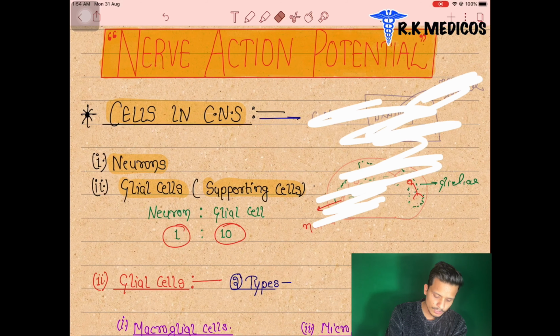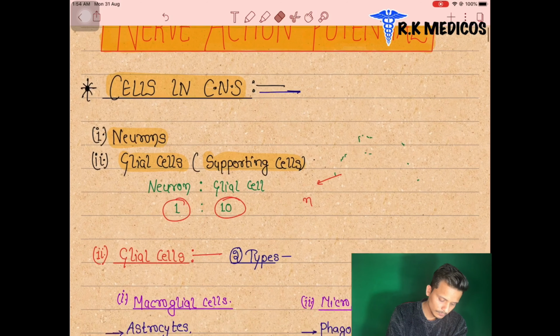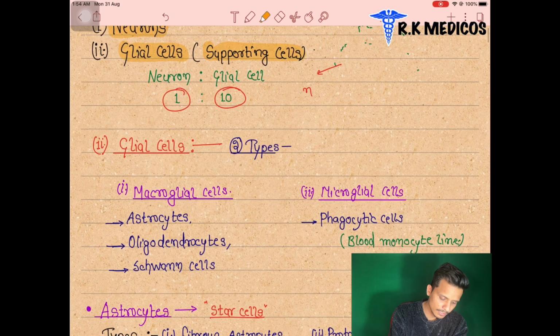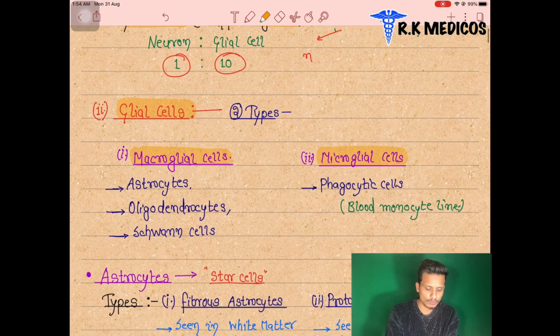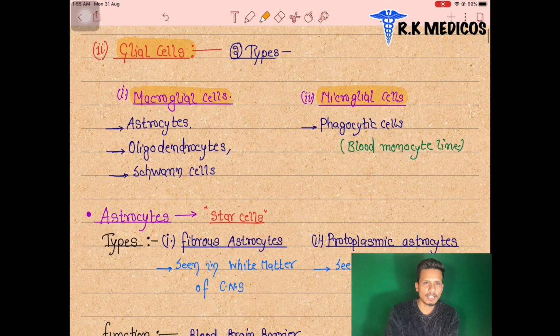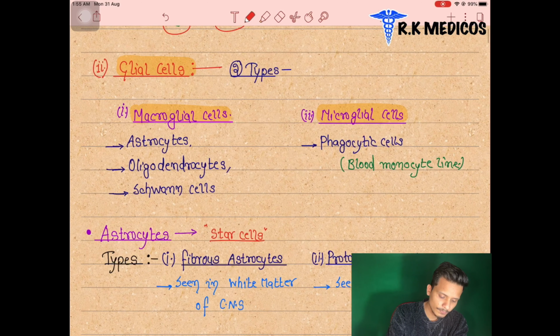Now we are going to see the types of glial cells. These supporting cells have two types: one is macroglial cells and another one is microglial cells. So there are two types of glial cells, or supporting cells, in our central nervous system.